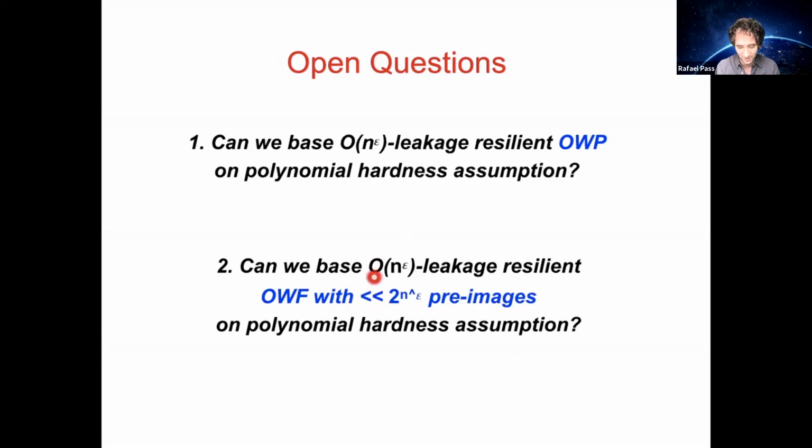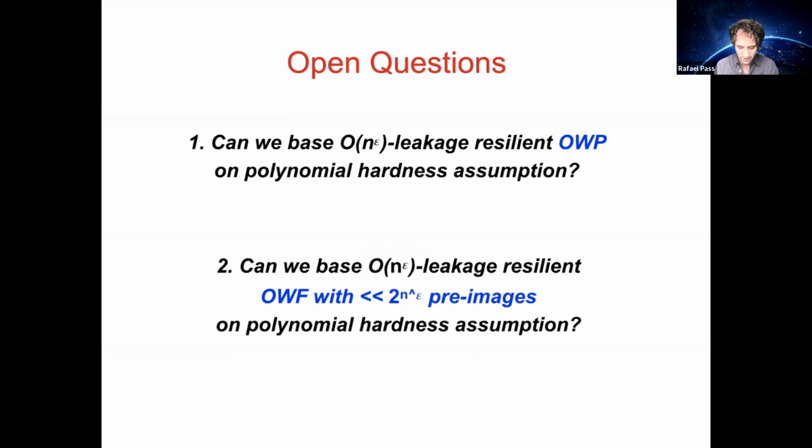But once I get n to the epsilon bits of leakage, that is exactly sufficient to fully determine x, right? So is it possible to get one-way functions with a small number of preimages that handle n to the epsilon bits of leakage? And now this is getting us exactly to this information theoretic barrier, because we do know that when you have many preimages, when the function is very compressing, we can get it.